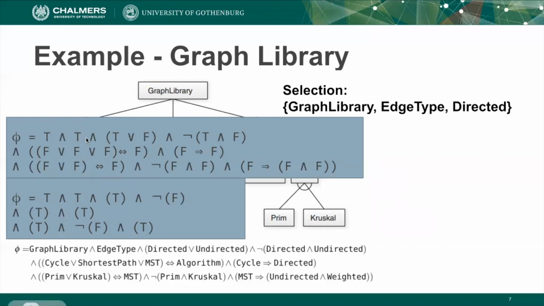So true, and well, true or false is true, and not true and false is not false, or in other words, true. And well, false or false or false, and equivalent with false, that's actually true. False implies false. Well, sure. Okay, that's true. False or false, equivalent to false, fine.